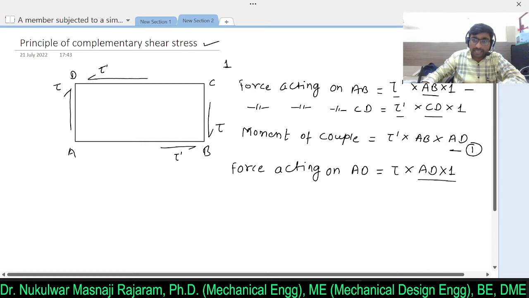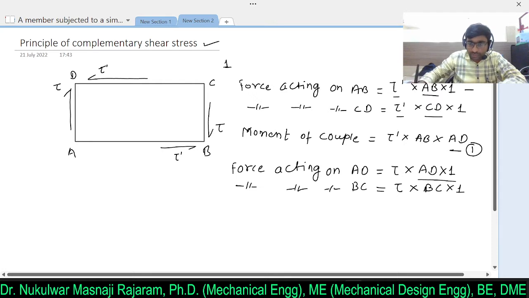So this is the area of AD, as 1 is the unit thickness. Similarly, I can evaluate the force acting on BC. So here I will consider BC. Clear? So that will be equal to again shear stress into area. Area is BC into 1.